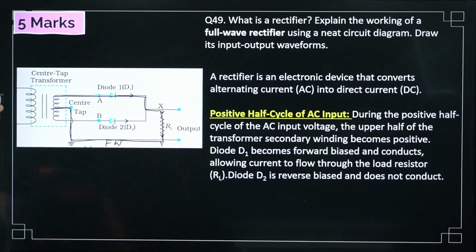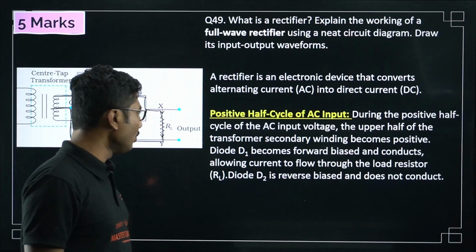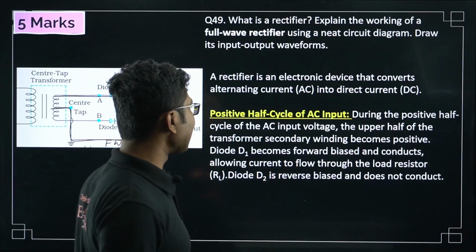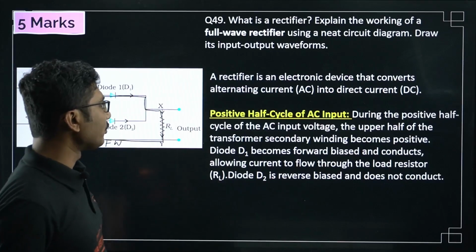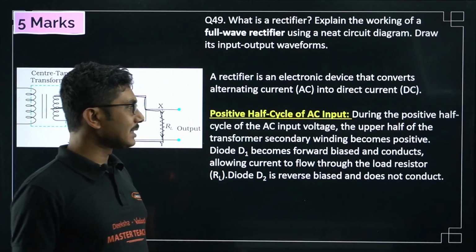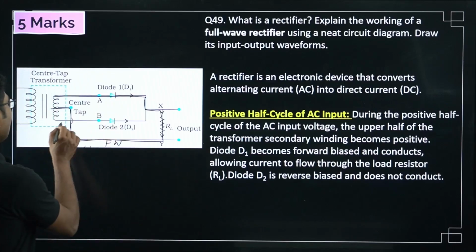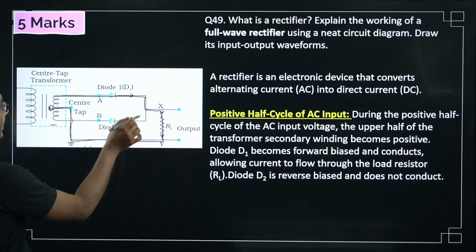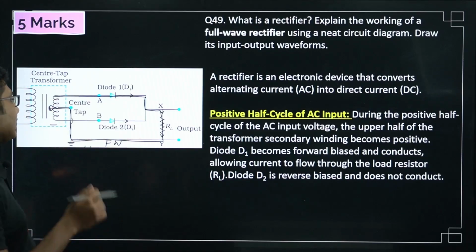This is the possible path. So current passes from X to Y, flowing through the load resistor RL. Diode D2 is reverse biased and does not conduct. This is negative, this is 0, so definitely no current will pass from negative to 0. Reverse biased.